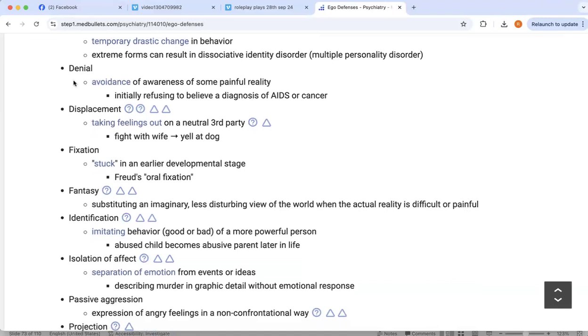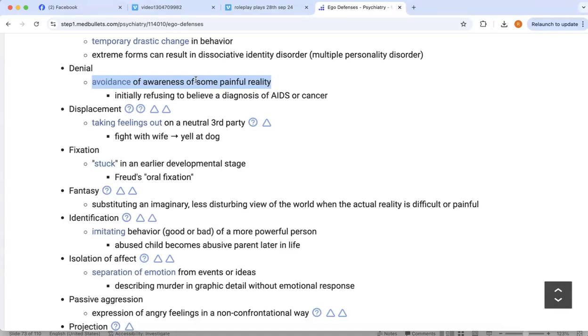Dissociation, we know. Denial. Denial is avoidance of awareness of some painful reality. Suddenly a person came to know that they have cancer. Then he went home and his wife asked, you went to the doctor's office today, what did you find?